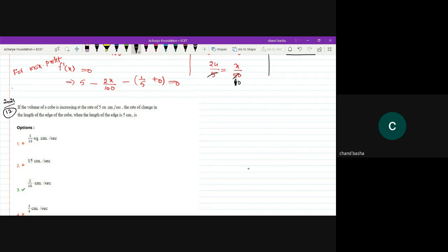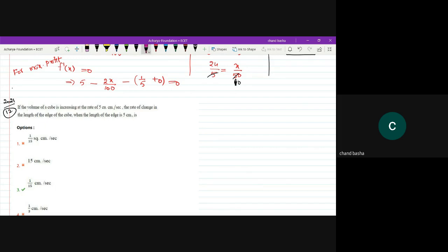Volume of the cube increases at the rate of 5 cubic centimeters per second. Find the rate of change in the length of the edge of the cube when the length of the edge of the cube is 5 centimeters. This question is very simple.